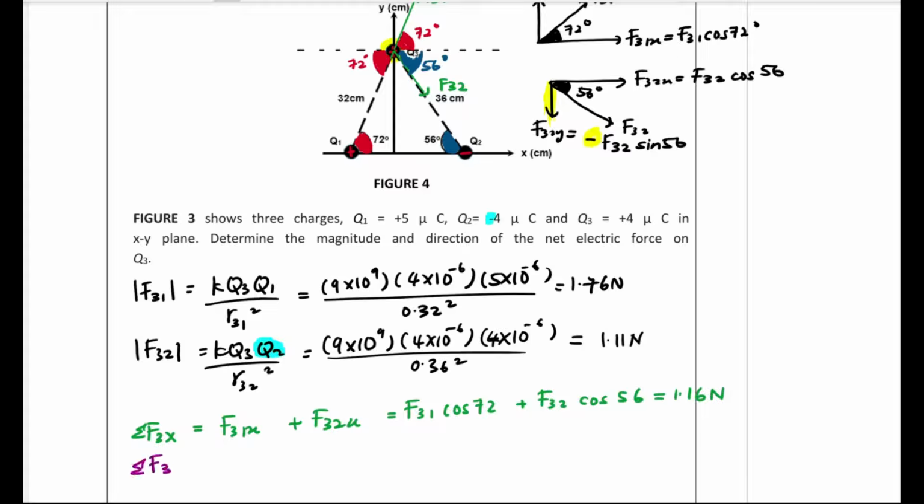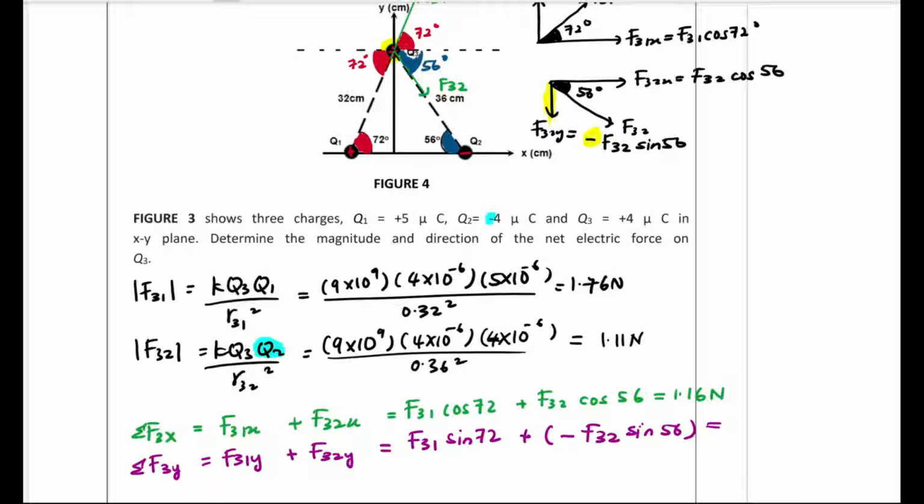But the total force on charge 3 in Y component: F31Y upward positive plus F32Y. So it will be F31 sin 72 plus negative F32 sin 56.